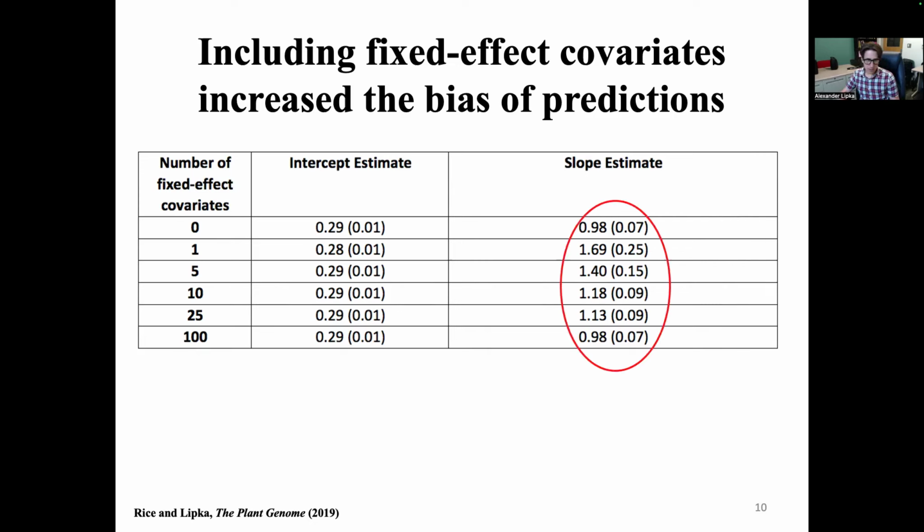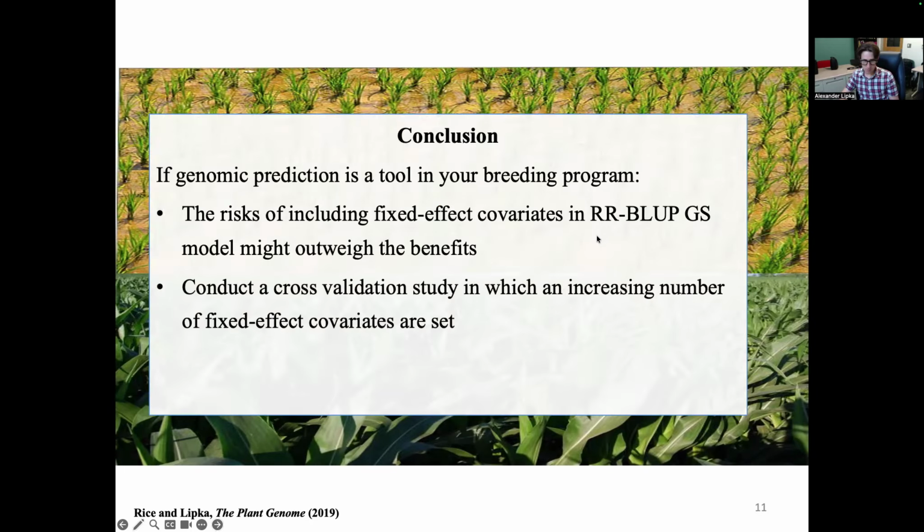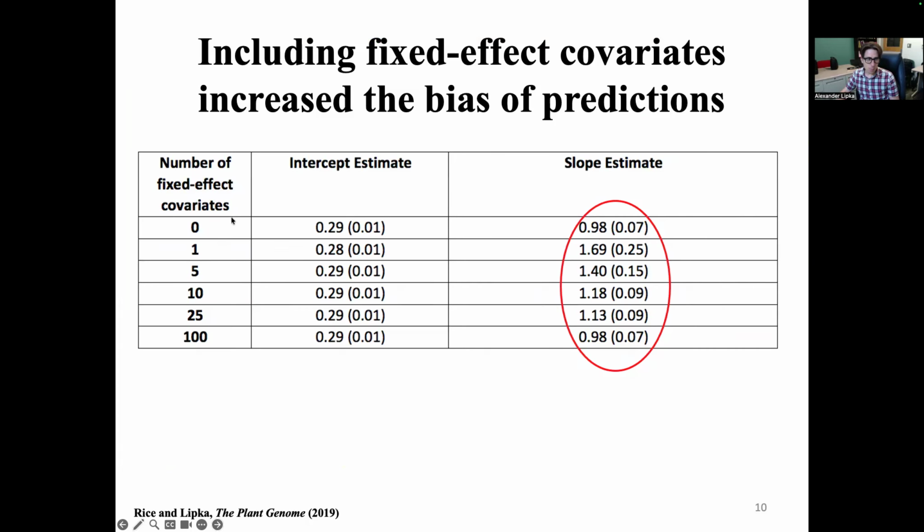So check this out. Let's look at these slope estimates. Over here we have 0 fixed effect covariates, and we see that the slope is kind of close to 1. But then when we include a fixed effect covariate, it jumps up from something close to 1, which it should be, to something much higher than 1.